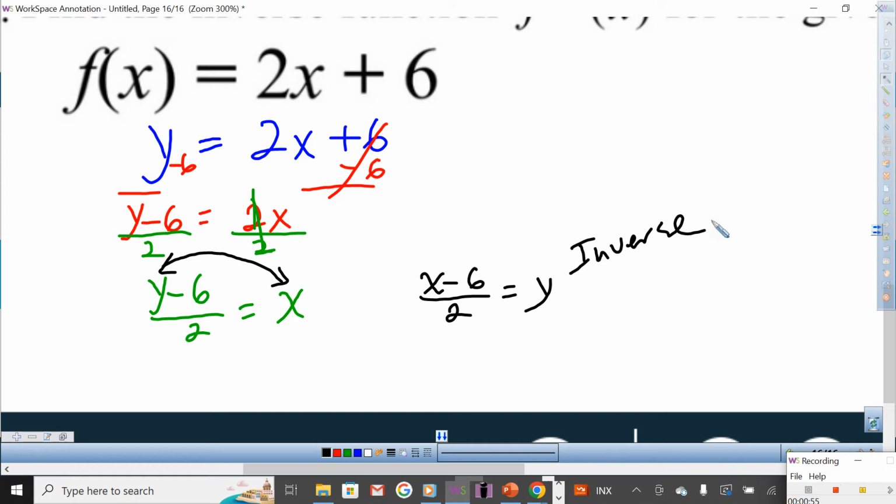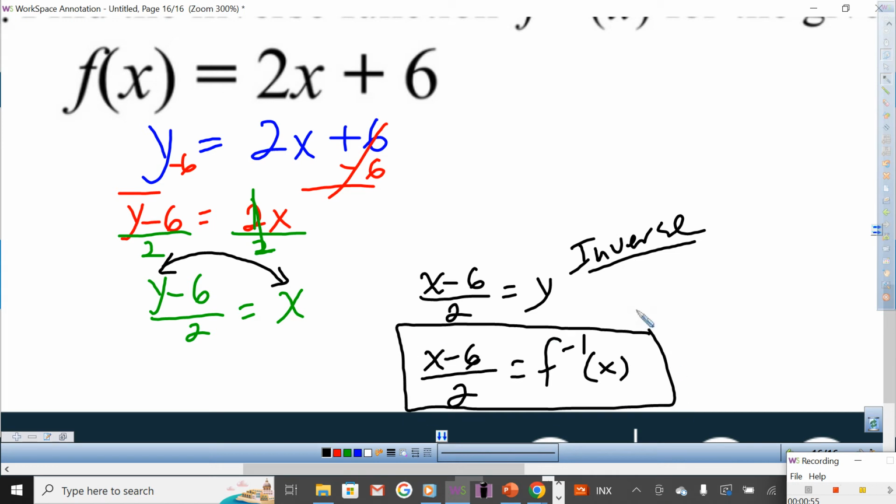Breno, what'd I do? Just switch the variables, the x for the y. Once you do that, now this is known as the inverse. Now, let me rewrite it in function notation. X minus 6 over 2 equals the inverse of x. And that's how you get the inverse.